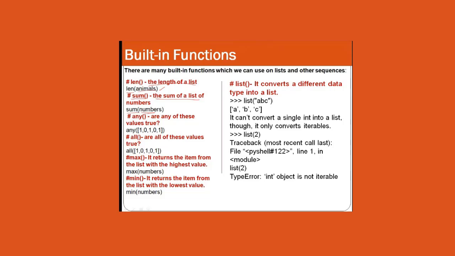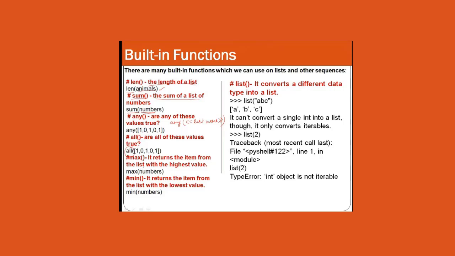So 1, 0, you mention any, and in brackets you write the list name. If any of the values is true, it will give you true. Or all: are all these values true? If all are true, it will give true, otherwise false.